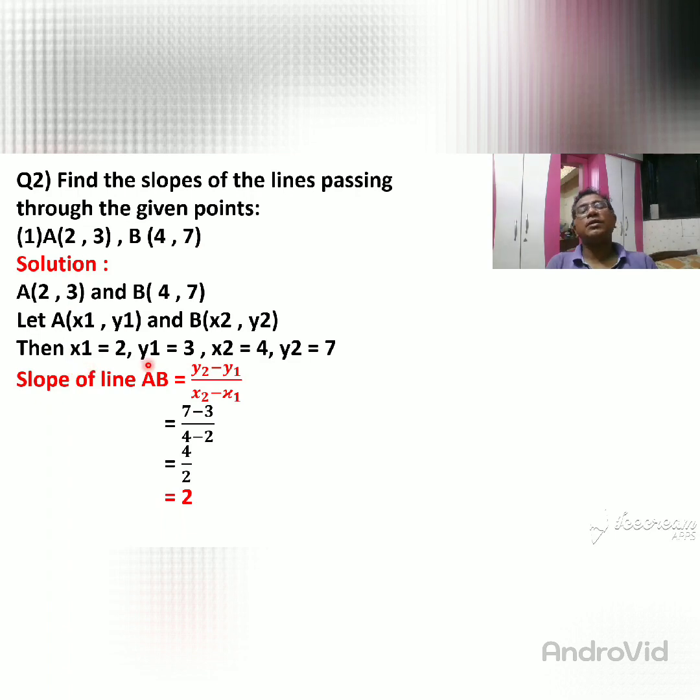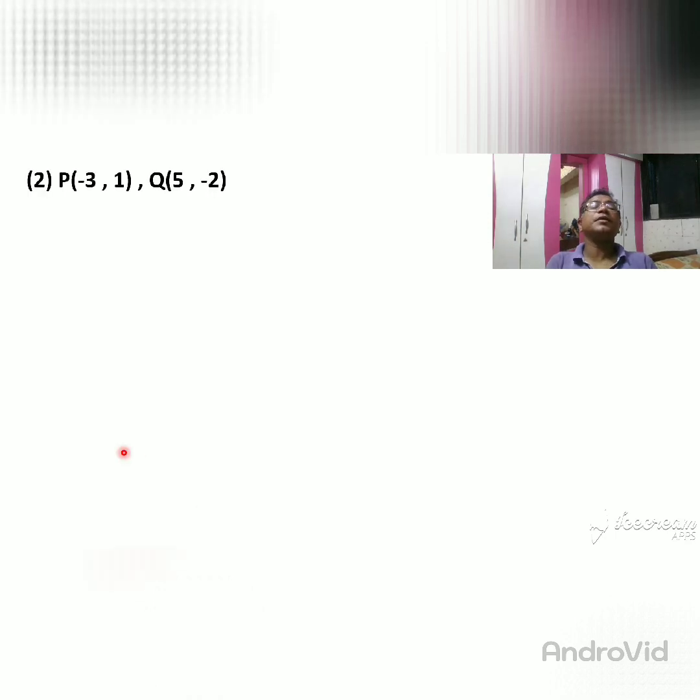Then slope is y2 minus y1 divided by x2 minus x1. y2 is 7, y1 is 3, x2 is 4, x1 is 2. 7 minus 3 remains 4, 4 minus 2 remains 2, two twos are four. So the slope of line AB is equal to 2. In such a way.